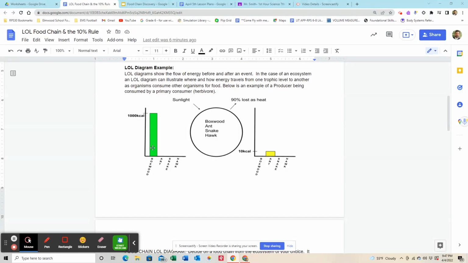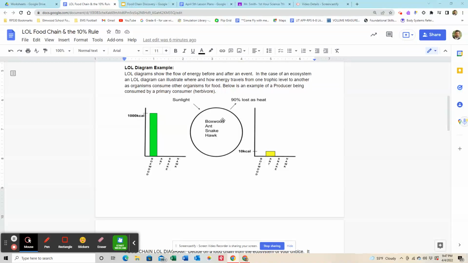The boxwood is our producer, and so I'm creating a diagram here where I'm saying there's 1,000 kilocalories in my ecosystem, and all of that energy is available with the boxwoods. So that's a bar graph saying before, the boxwood has this much energy. And this circle here is my system.